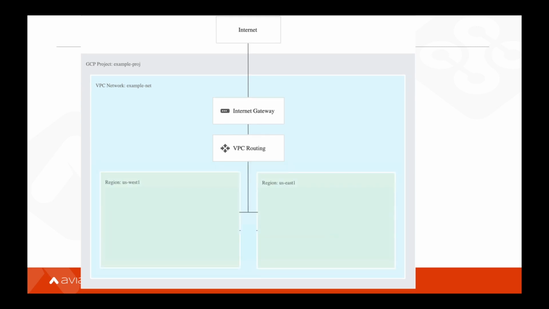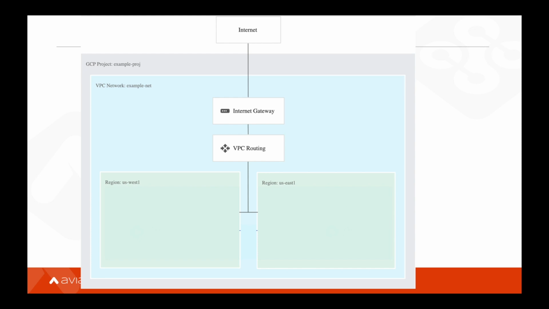If you look at this diagram, I'm showing you two regions here, and this is extremely important to notice. Why? Because in AWS, when you want to create a VPC, the first thing you do is go to your region and then you create the VPC. That's not the case here. VPC is a global construct.